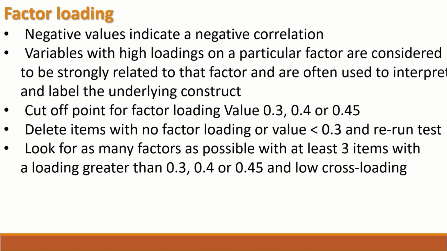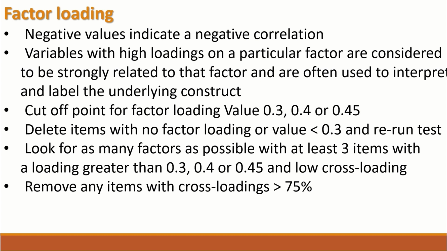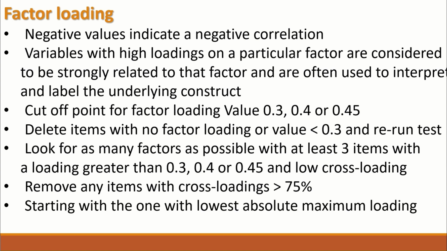The cutoff point can be determined by the researcher. Some researchers prefer 0.3, some make it more stringent and use 0.4, and others even more stringent by using a cutoff of 0.45. Remove any items with cross loading of greater than 75%. Start with the one with the lowest absolute maximum loading, so remove the items that have the lowest absolute maximum loading.